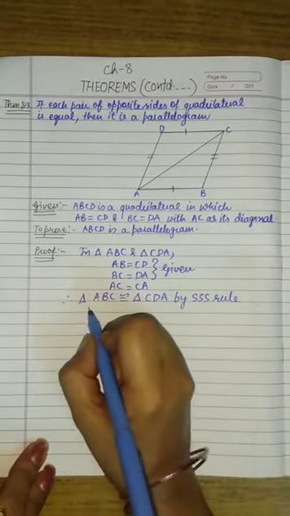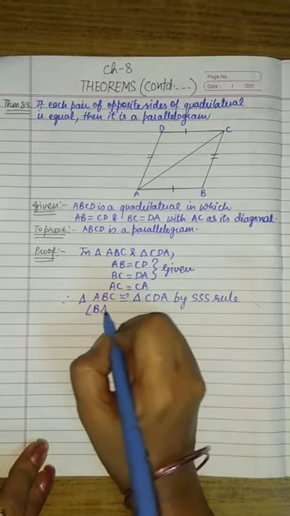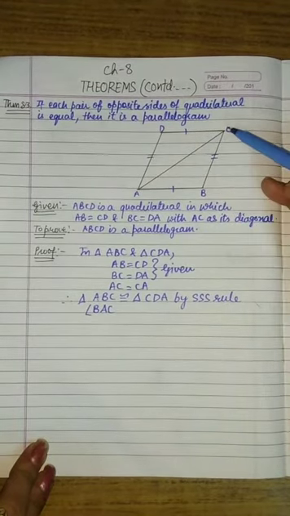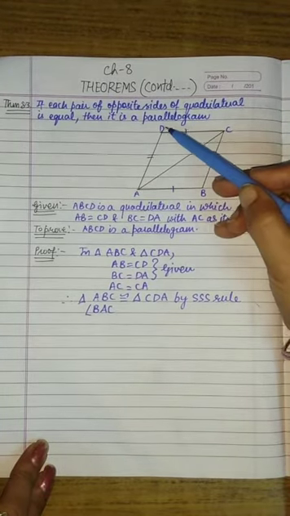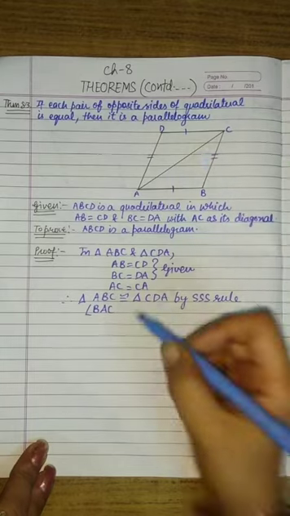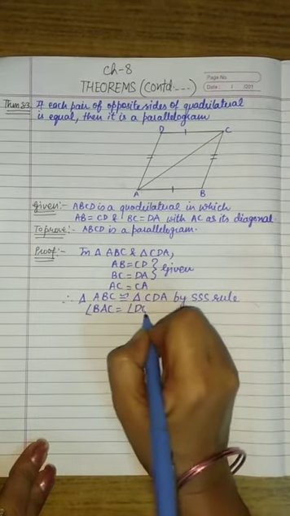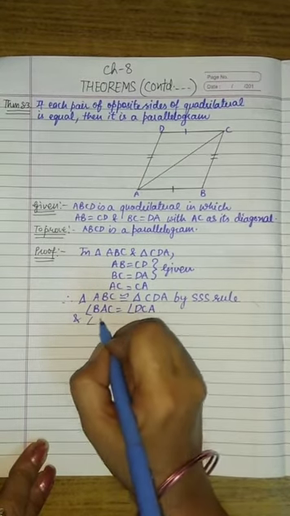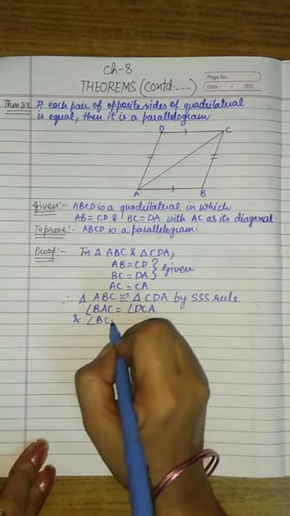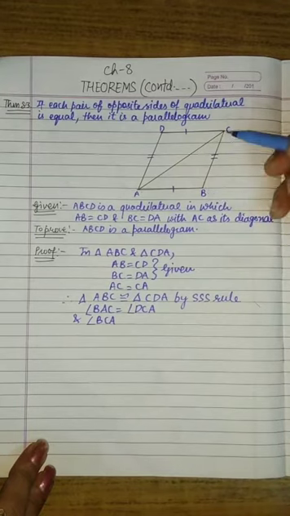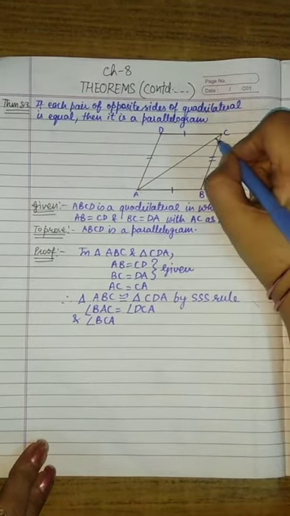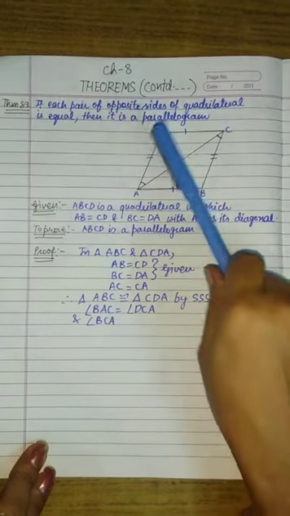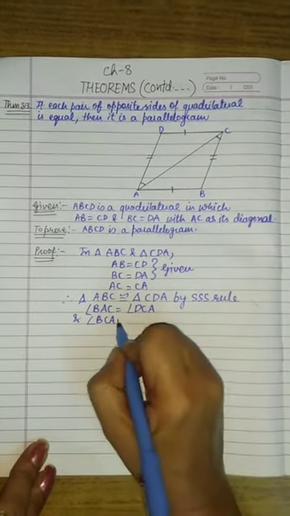So we can say angle BAC is equal to angle DCA, and also angle BCA is equal to angle DAC.